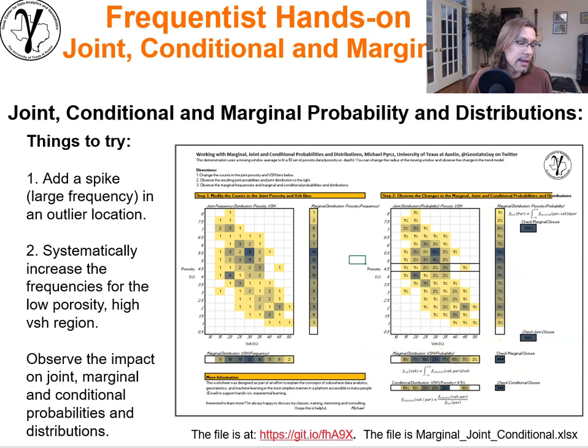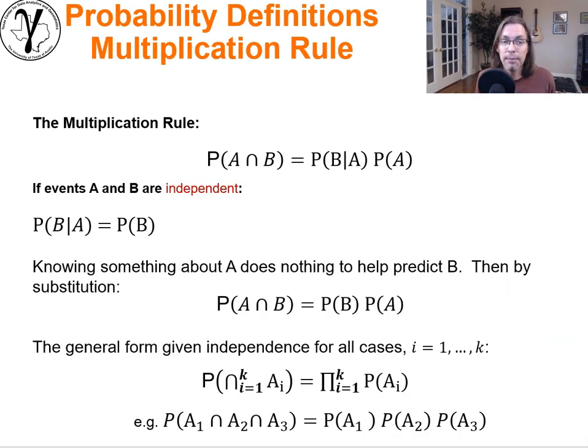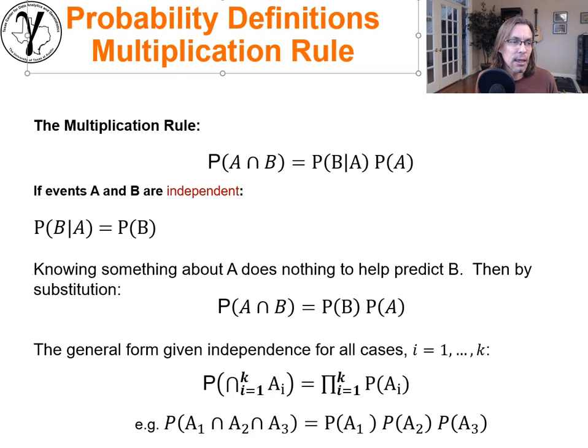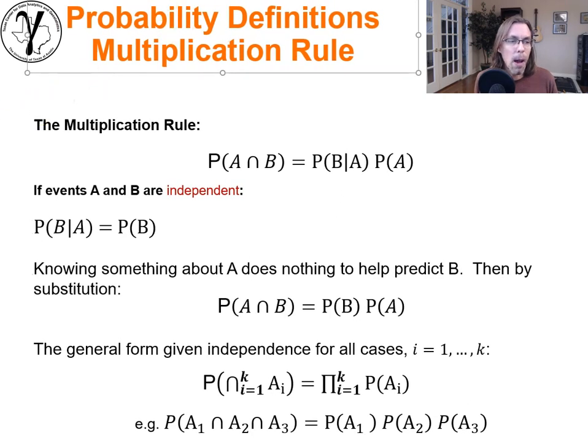So let's shift gears a bit. We're going to talk about the multiplication rule. What's really cool is that this is going to lead us directly to Bayesian probabilities, so we're almost there. All right, the multiplication rule. This should not be a surprise at all. In fact, if you look carefully, it is a reordering of the definition of conditional probability.